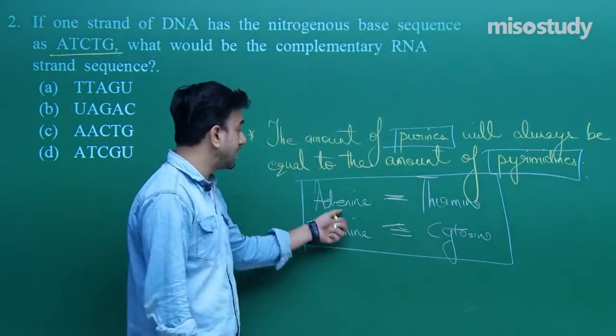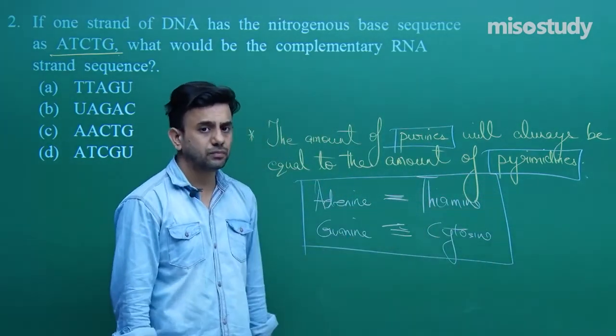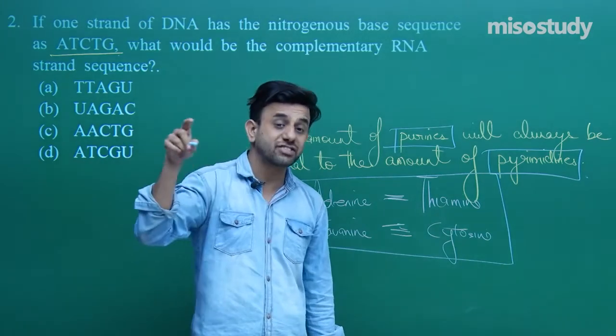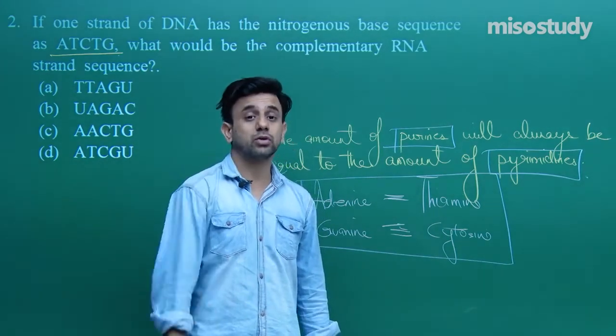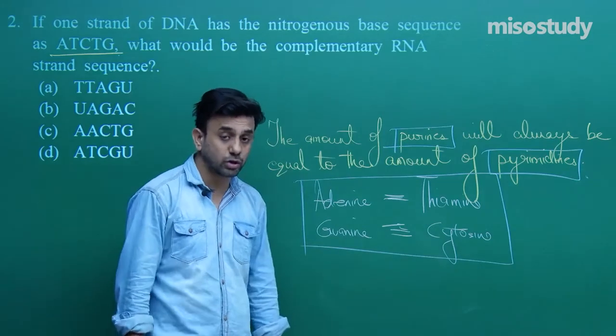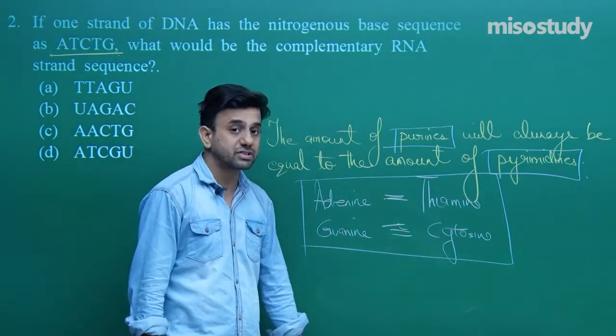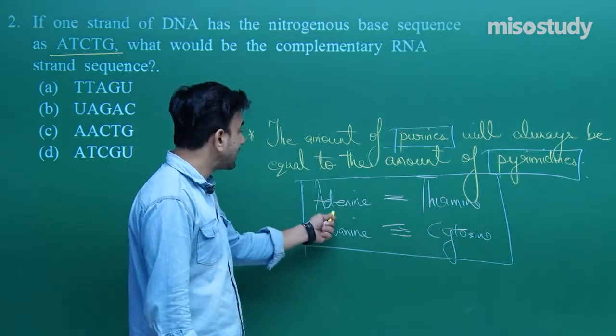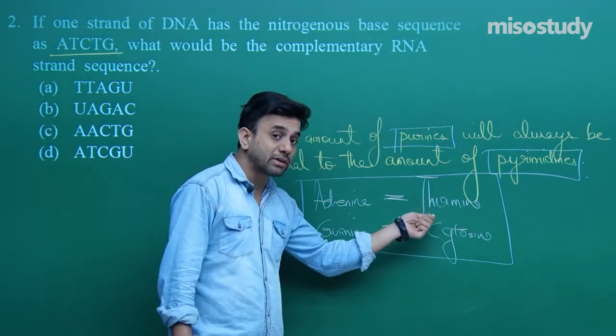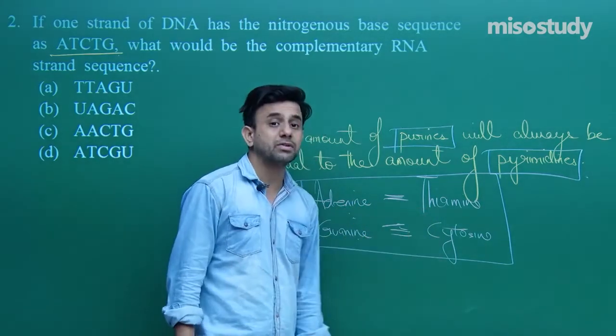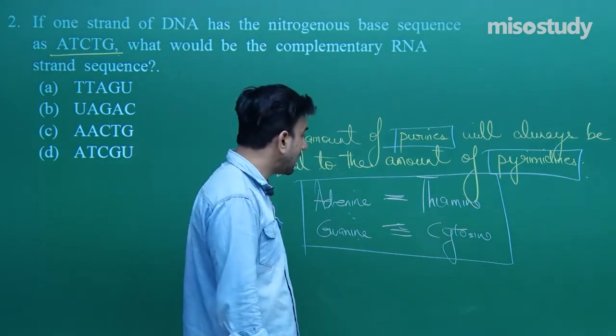So this is the purine and this is the pyrimidine. Those were Chargaff's base pairing and all that. Remember Chargaff's base equivalence rule when we discussed these. So always adenine will pair with thymine and guanine will pair with cytosine.